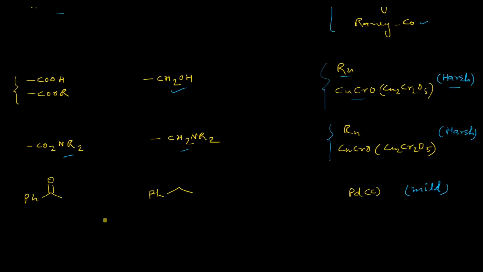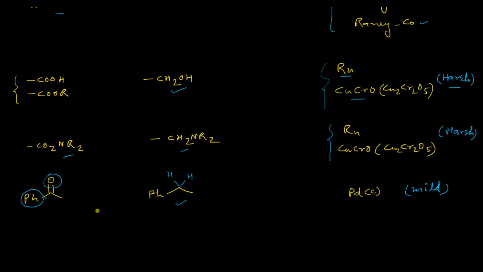And the last example is, if you want to convert a ketone like this, where an aromatic group is attached to the ketone functional group, into the corresponding alkane form, that is, you want to displace this oxygen by two hydrogen atoms.